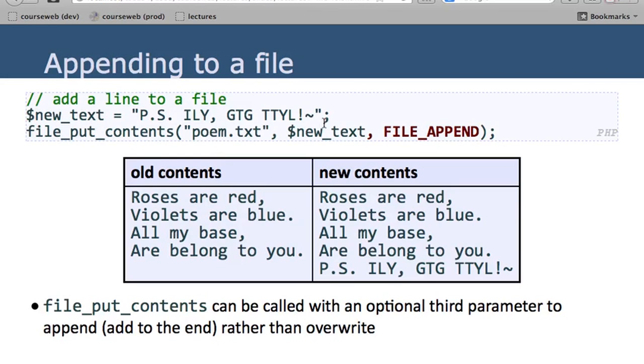If we don't want to overwrite the entire contents of the file, oftentimes it's super inefficient to read the entire contents of a file into a string, if it's a really large file that's going to use a lot of memory, only to tack a little bit onto the end of it and then write the entire thing back out again. So oftentimes it's much more efficient if we just want to add to the end of the file. We can add this flag here that says FILE_APPEND, and whatever we specify in this second parameter will just be tacked on to the end of the existing file rather than overwriting it completely.